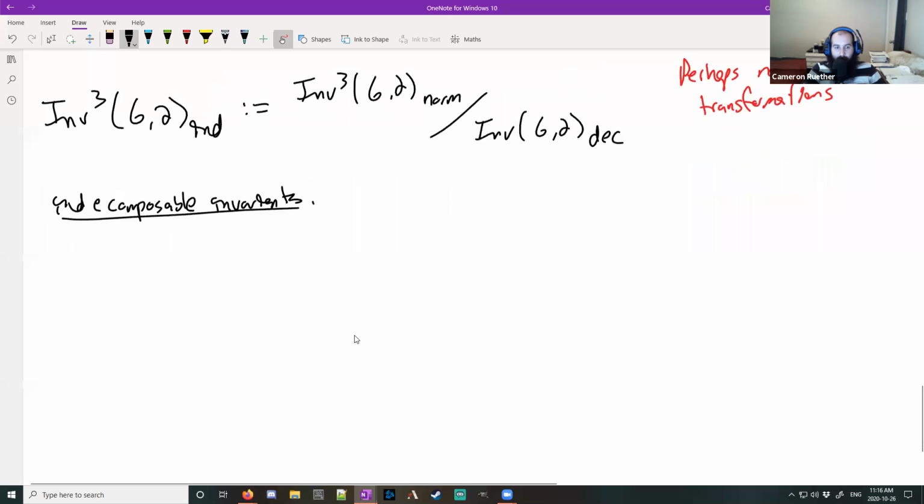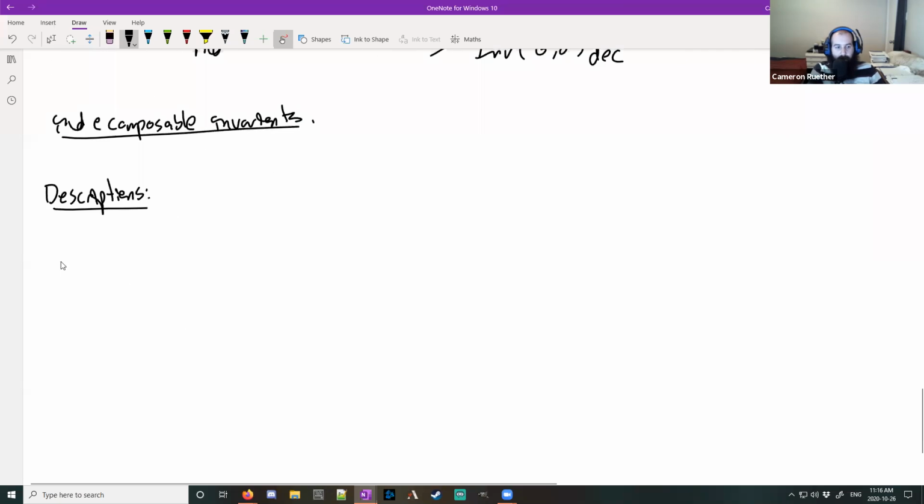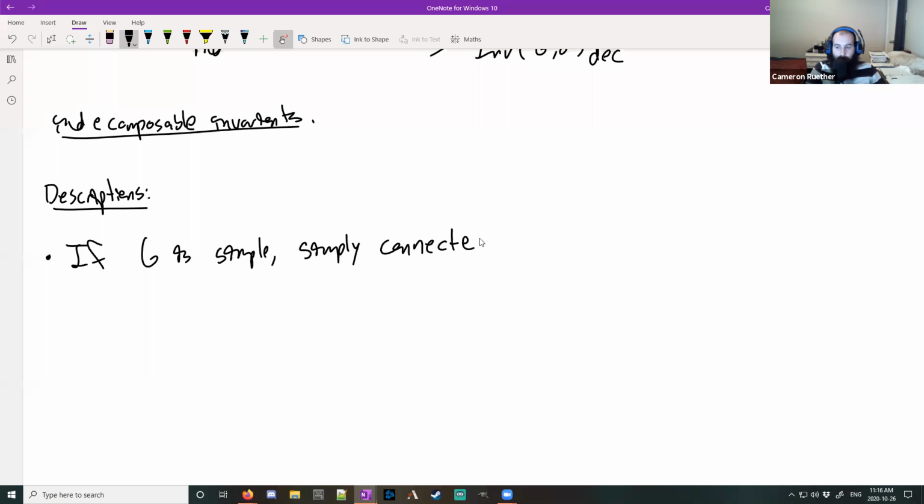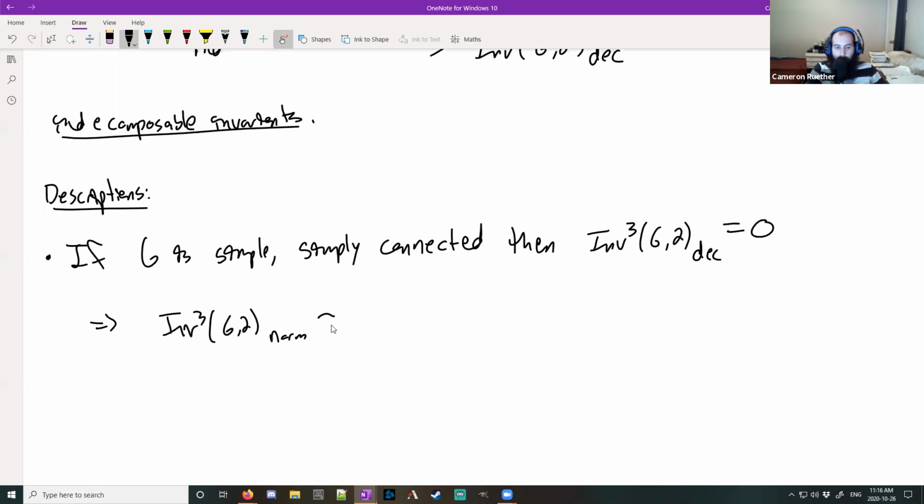And so these have some descriptions in certain cases. For instance, the first big one is that if G is simple, simply connected, so for our largest groups, then they don't have any decomposable invariants. So decomposable are 0, which of course then means that the normalized invariants are just isomorphic to the indecomposable invariants.